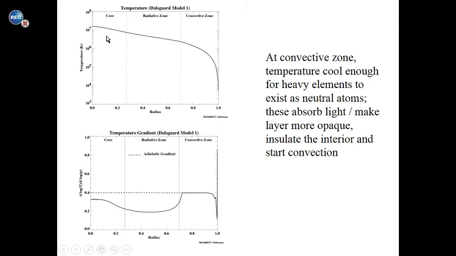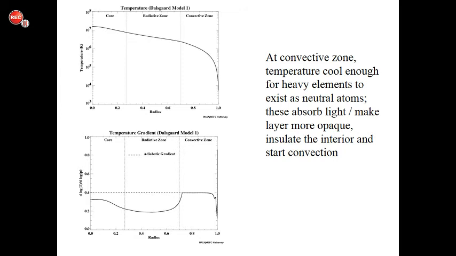Once it gets from the radiation zone to the convective zone, the hot gases can absorb the light, but they don't re-emit the light. They can absorb and hold the energy. So they're effectively opaque.